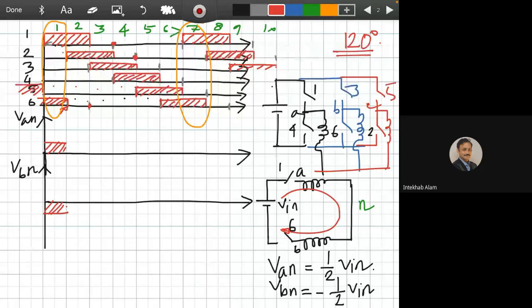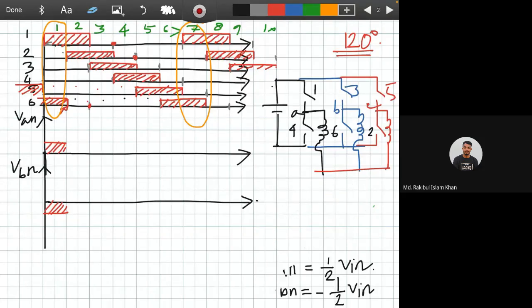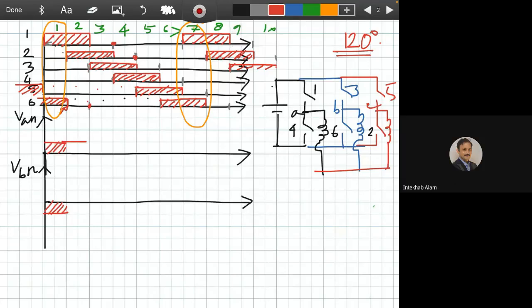Okay, so in mode 2, which switches are on? 1 and 2 are on. So if it's 1 and 2, then what will the Van value be? Half Vin. 1 is with Vin, so Van will be half of Vin. Okay.